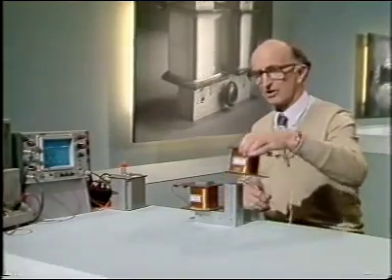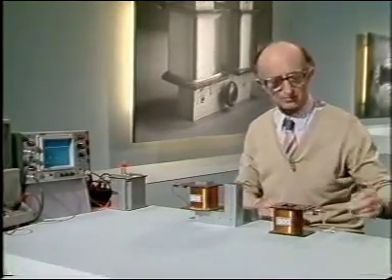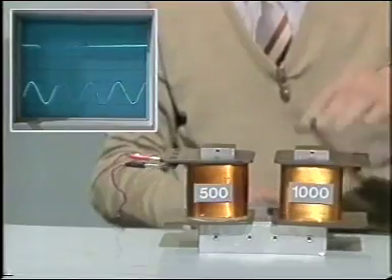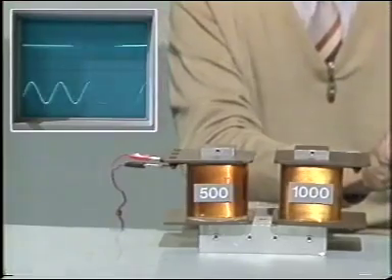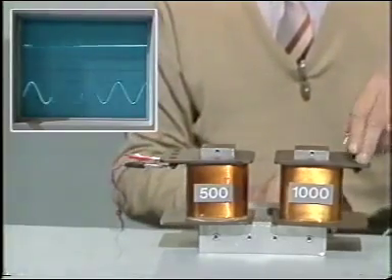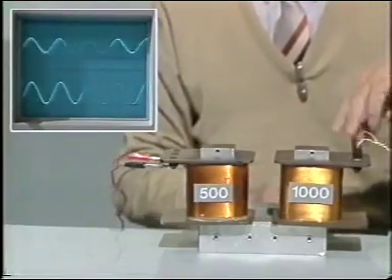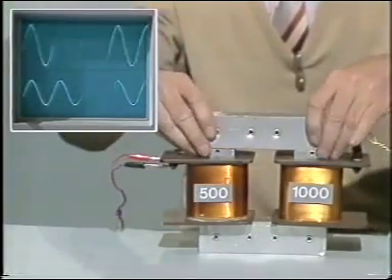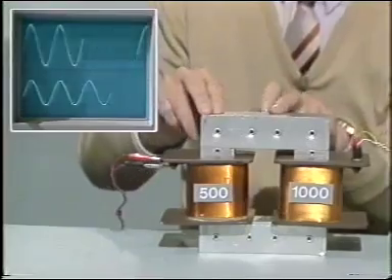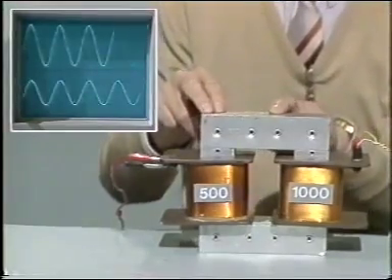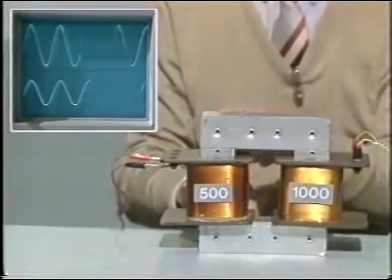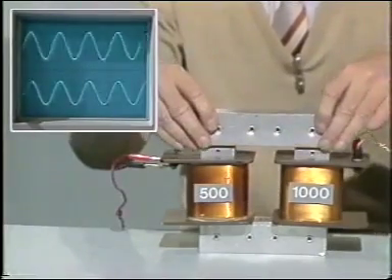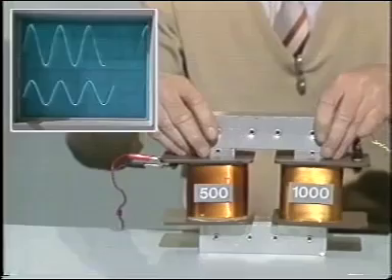I'll take this coil off of 500 turns and replace it with one of 1,000 turns. Transfer the leads so that the upper trace now displays the voltage on the secondary. Complete the magnetic circuit again, and you'll see we've got an output voltage now which is twice the input voltage. Again, an air gap reduces the output voltage very considerably.